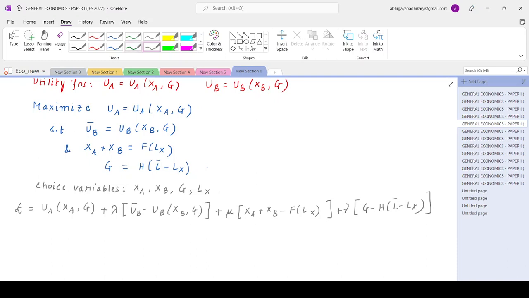So this is the Lagrangian expression that we require.